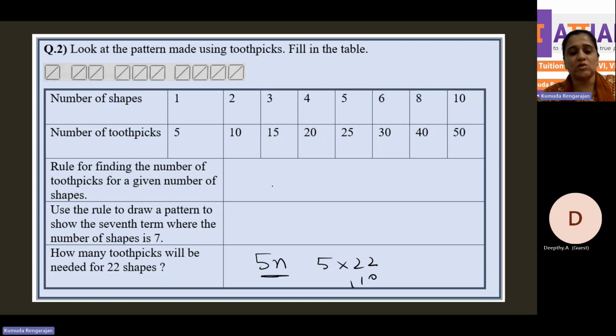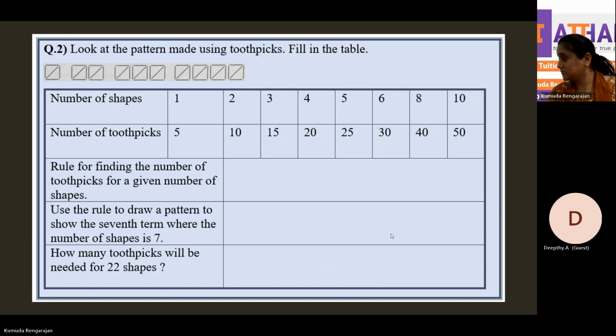For questions after the rule, here you made the rule 5n, you must use the rule. So 5 into 22, 110 toothpicks, correct?